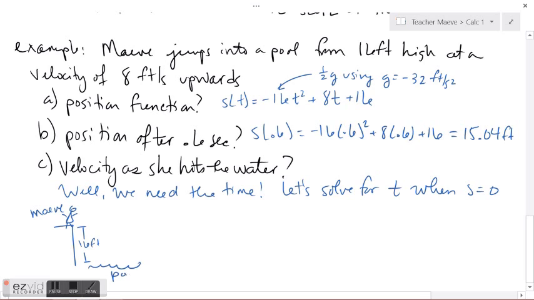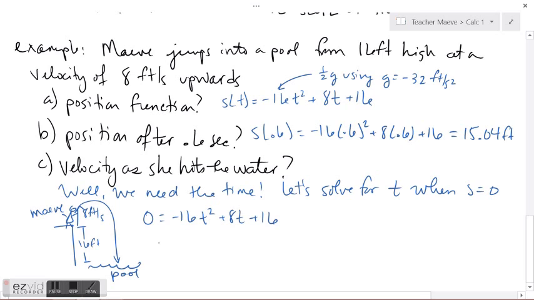There's the water in a little pool. I jump up initially with 8 feet per second, and come down in a parabolic path. It's not a perfect parabola, but you get the point. Just a sketch. So by the time I reach the water, I'm at a position of 0.